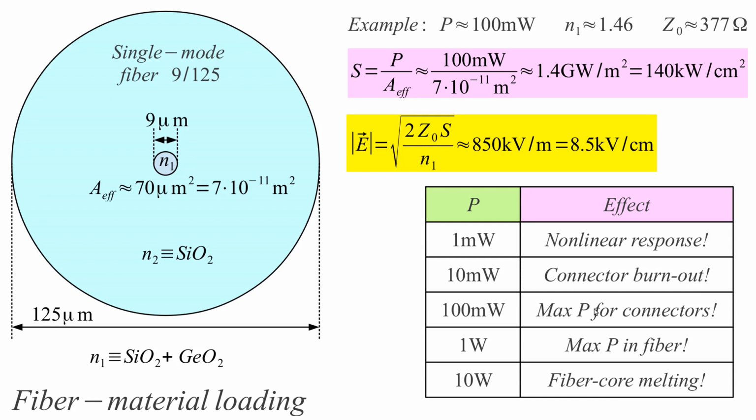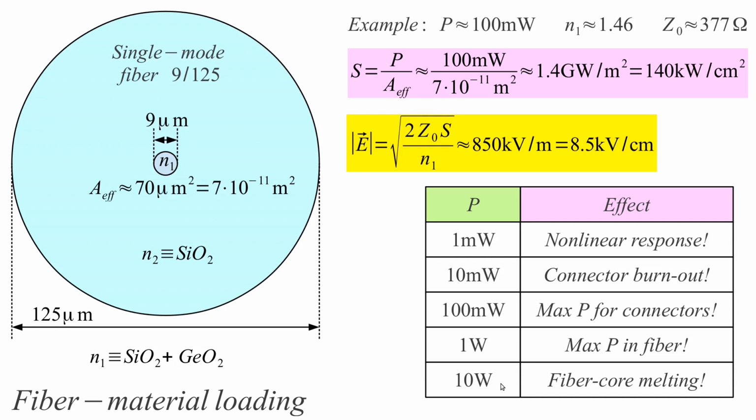So the maximum safe power we have for connectors is 100 milliwatts, and this is with careful connector cleaning at each connection, of course with power off. 1 watt is the maximum power in fiber, the maximum the silica glass itself can tolerate. And with 10 watts in the fiber, we already get to the melting of the core. The core will melt, will cause bubbles, and will completely disrupt the communication. So we will destroy our optical fiber cable if we put in 10 watts of power.